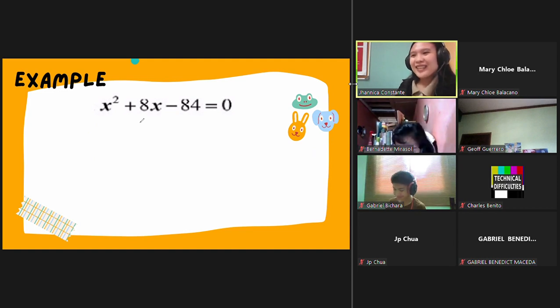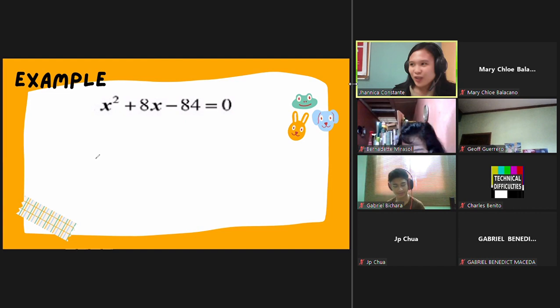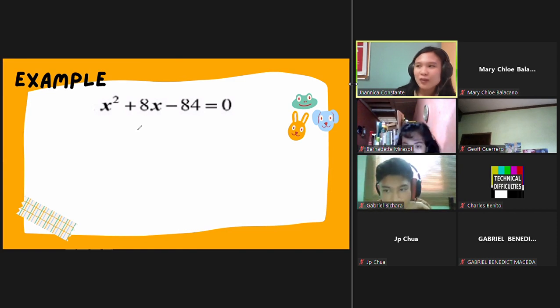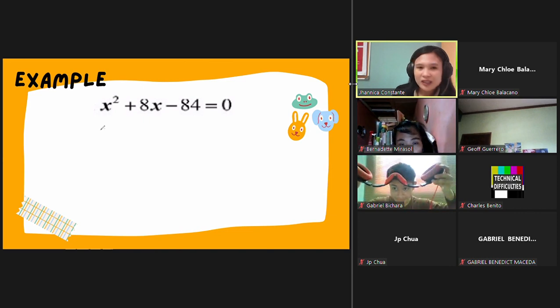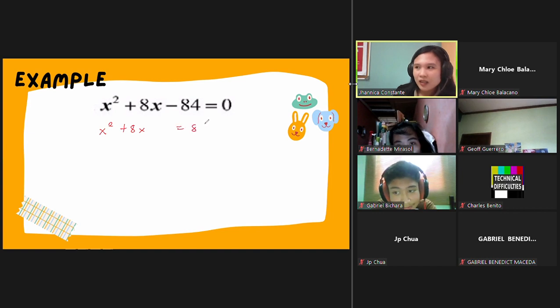Okay, for example, we have this quadratic equation, x² plus 8x minus 84. We're going to solve or rewrite this equation using completing the square. So transpose first your constant number to the other side of the equation. So you have x² plus 8x equals +84.